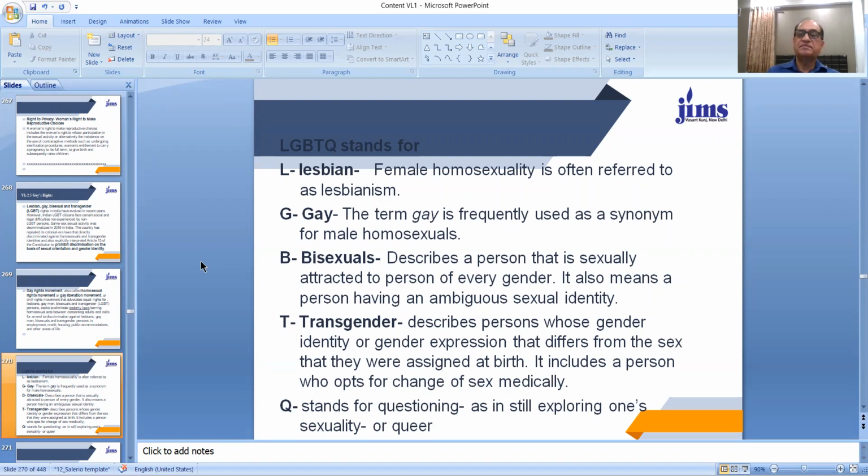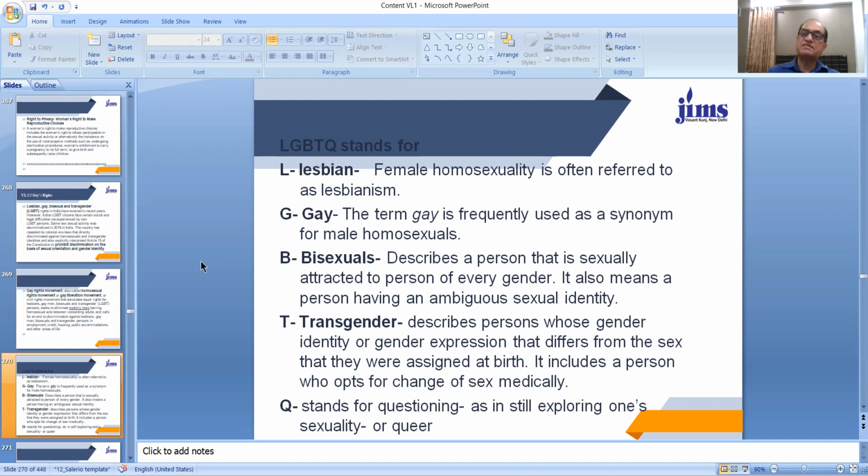Bisexuals describe a person who is sexually attracted to persons of every gender. It also means a person having an ambiguous sexual identity. Bisexual, in a nutshell, means that a person is sexually attracted towards the opposite sex as well as towards the same sex.